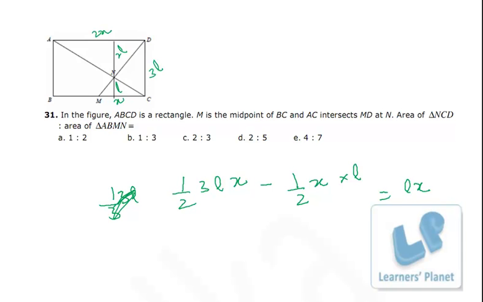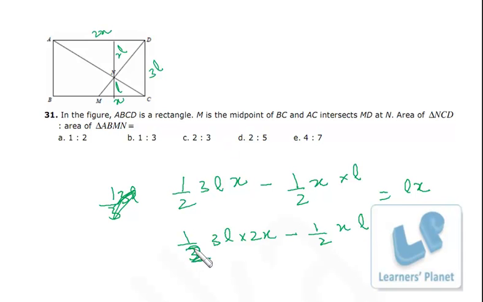Similarly, to find the area of ABMN, I can take the area of triangle ABC, that is half of 3L into 2x. From that I deduct the area of MNC, that is half XL.